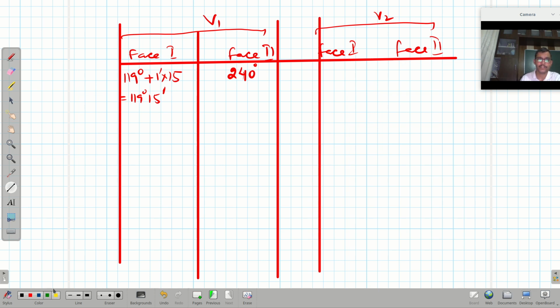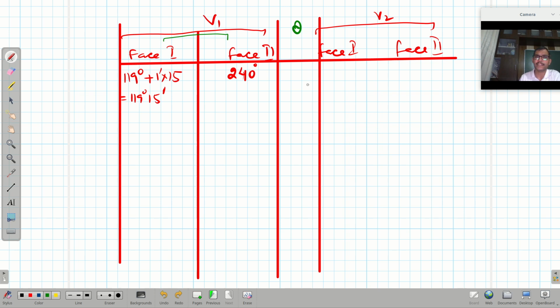Here it is theta. Theta is basically the difference of phase 1 and phase 2, the difference of these two values.